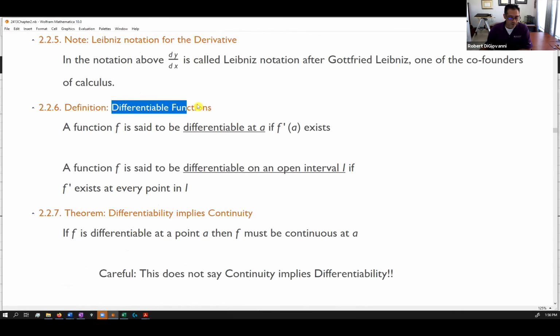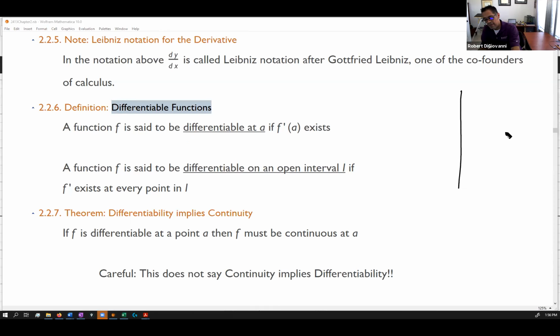Differentiable functions. Believe it or not, not every function is differentiable, meaning you cannot take the derivative of every function. For some functions, the derivatives don't exist. I'll give you a quick example before we get too far into this.